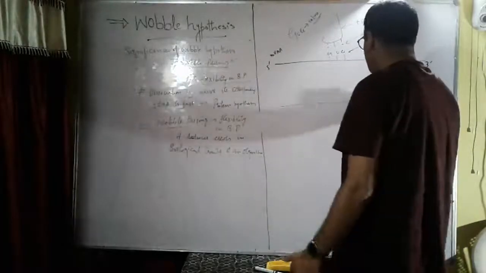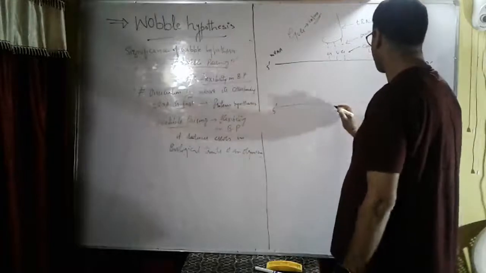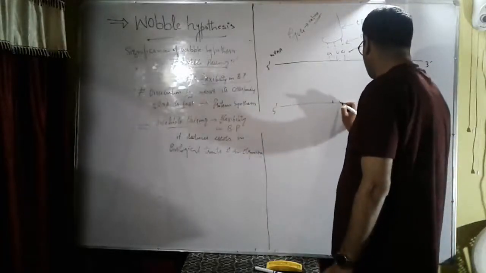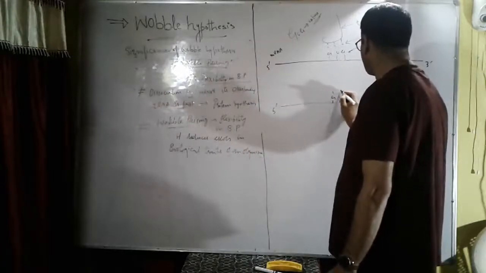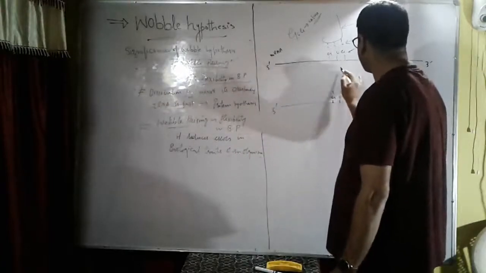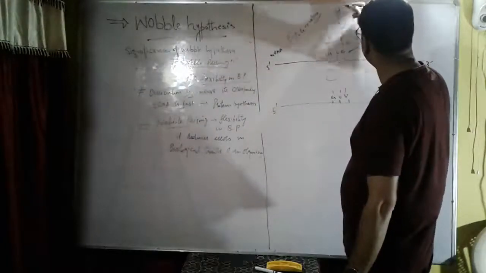For example, we have 5' to 3', GUU. This is tRNA. This will code for valine.